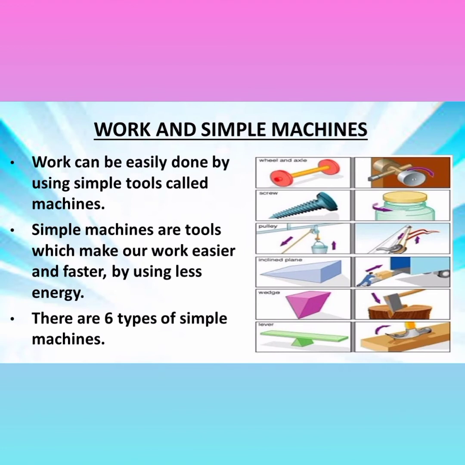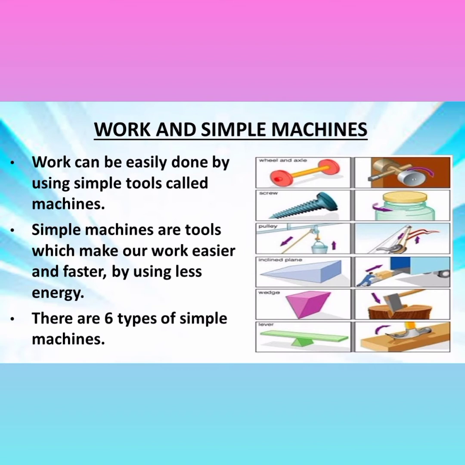What is a machine and what are the different kinds of simple machines? Work can be easily done by using simple tools called machines. Simple machines are tools which make our work easier and faster by using less energy.